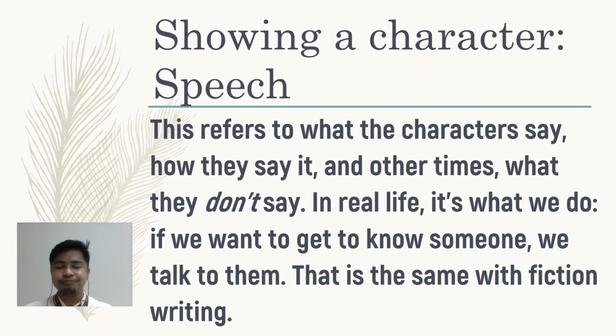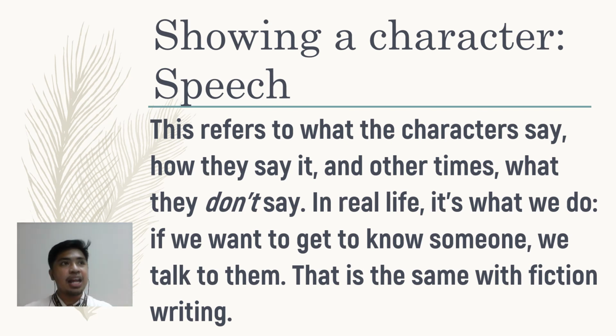Actions. The second component of showing a character is through dialogues, or the words that the characters deliver in the story. Okay, what they say, how they say it, and other times what they do not say. That could also be part of showing a character.